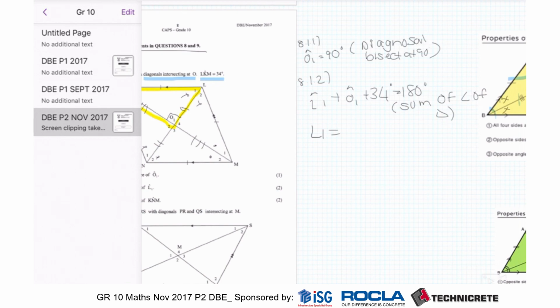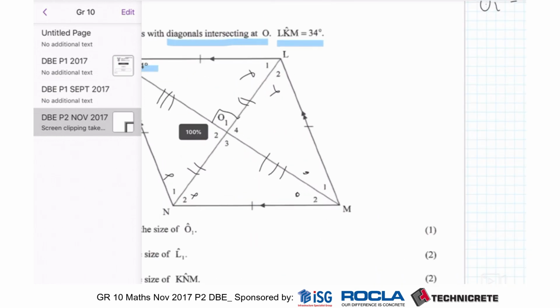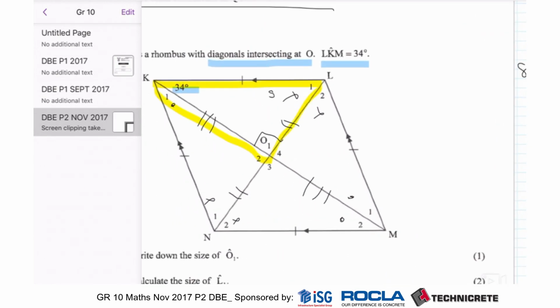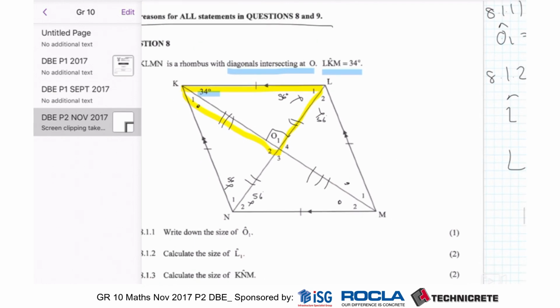So L1 is therefore equal to 180 minus 90 minus 34. It's equal to 56 degrees. We know now that L2 is also 56. We know now that N1 is 56, N2 is 56. This is 34, 34, 34.